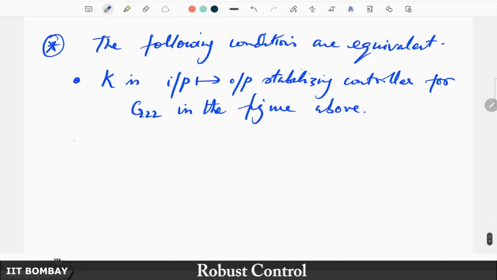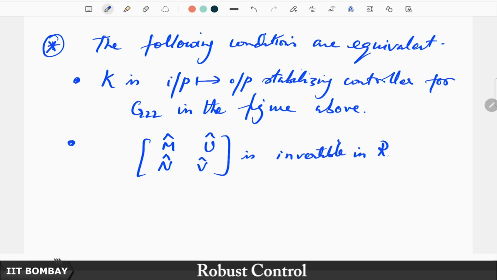So, this is equivalent to, hold on, it says that the matrix M hat, U hat, N hat, V hat is invertible in RH infinity. So, why is this important? For the simple reason that the first condition is what we are looking to achieve, and the second condition gives us a clue as to what condition must be met so as to achieve the first objective.